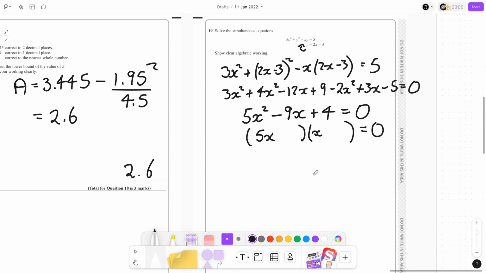So 5x minus and a minus, so it's going to be 4 and 1, both minuses. Minus 20x, so it's not that way around, so let's go minus 4 and 1, so that's minus 5x minus 4x is minus 9x. That's great. So x is then either 1 or it's 4 over 5.